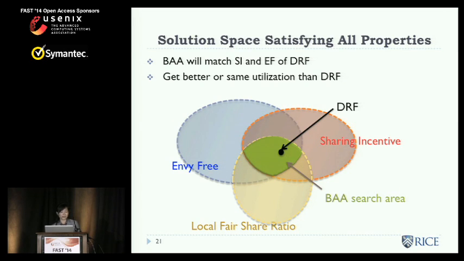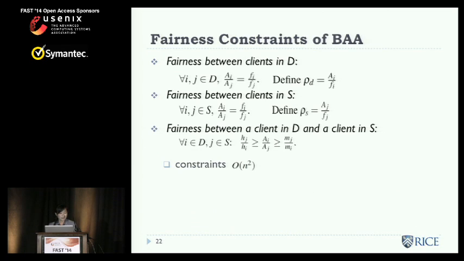Each circle denotes allocations that satisfy one of the fairness properties. The green part denotes allocations that satisfy all the fairness properties, and BAA will search for the best throughput within this area. You can see DRF is just one point in this area. So our method can have at least the same or better utilization than DRF.